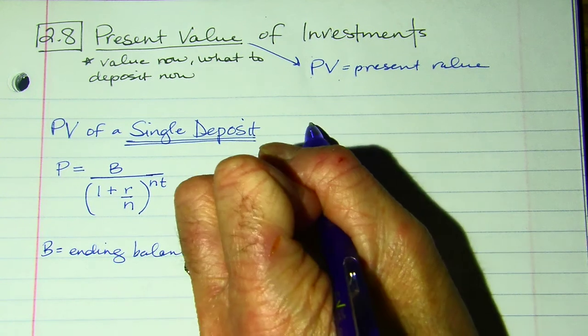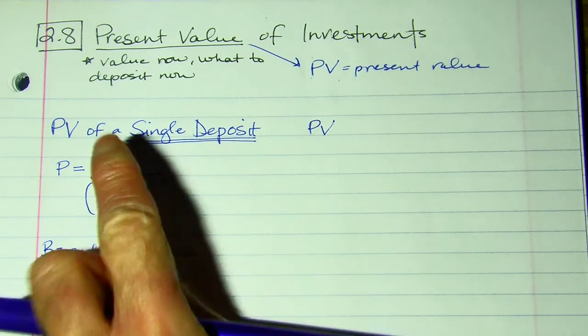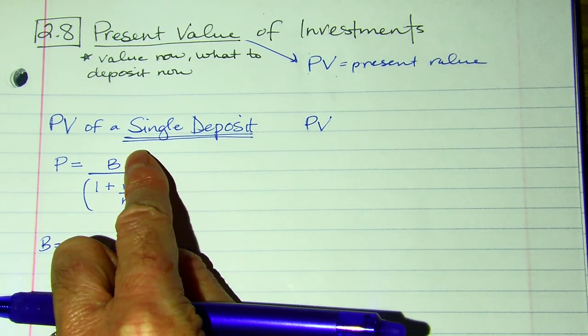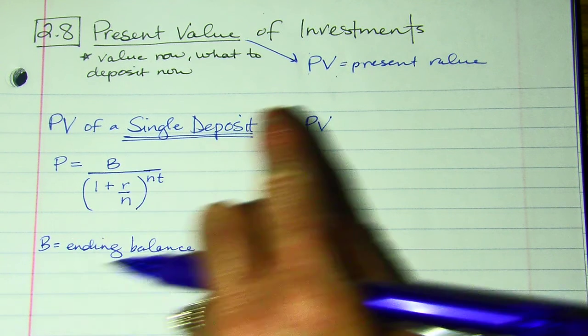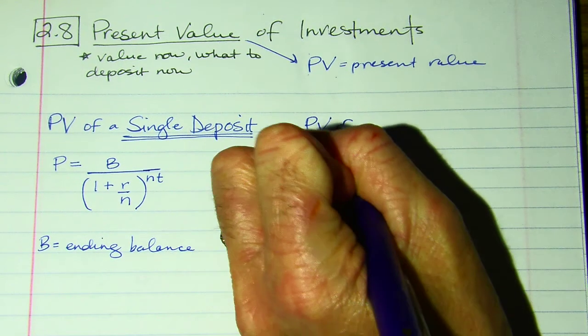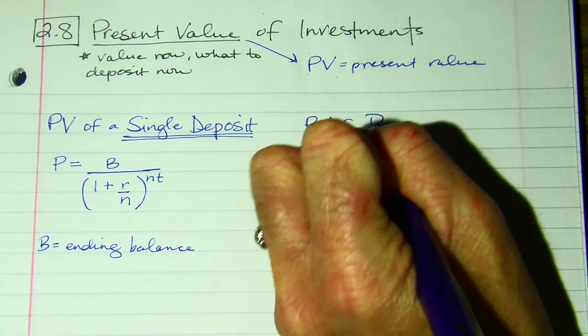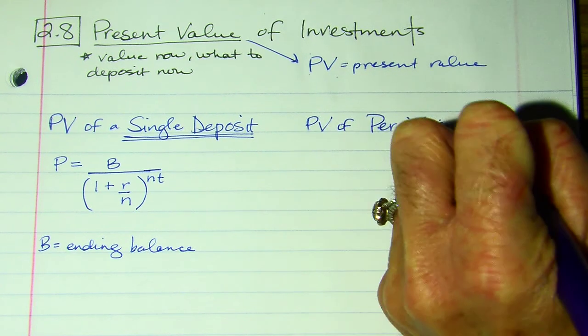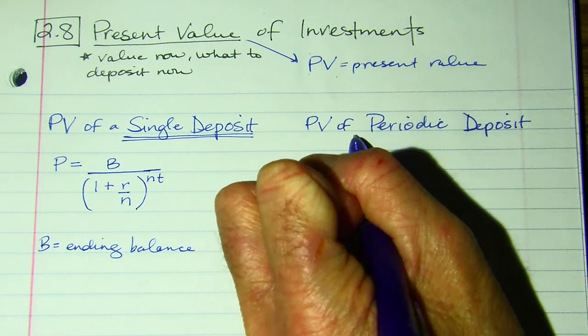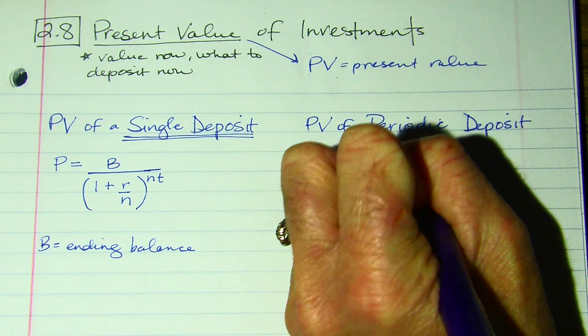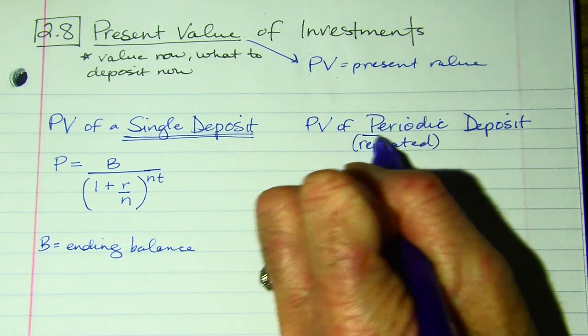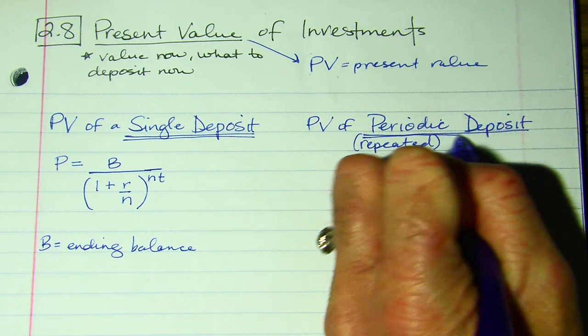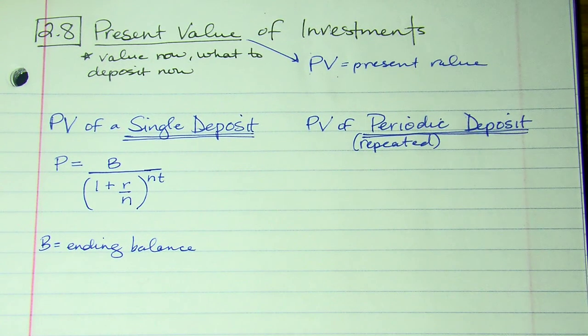Now, there's another formula. So this would be if I deposit money in the beginning and then I walk away and I don't deposit anything else. Or there's present value of a periodic deposit. Now, periodic means you make repeated deposits. So this would be if you decided, oh, okay, I'm going to deposit $100 every month or $5,000 every year.